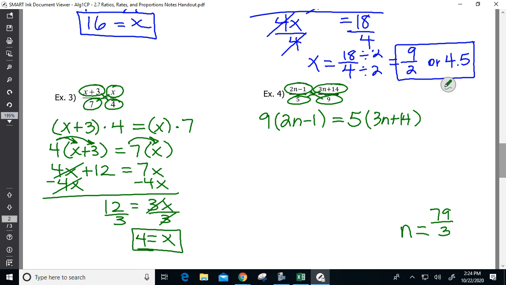Distribute. Distribute on both sides. So 9 times 2, 18n. 9 times negative 1, negative 9. 5 times 3, 15n. 5 times 14, 70.